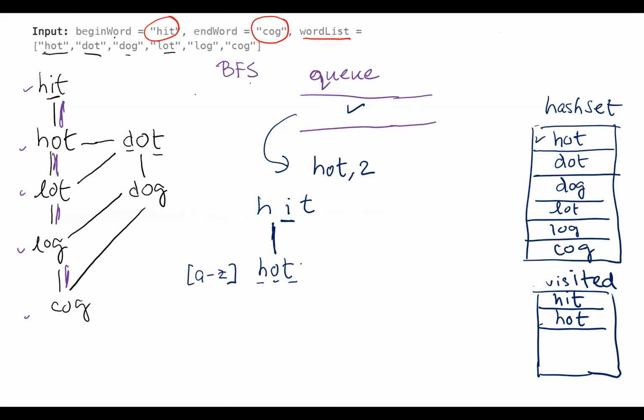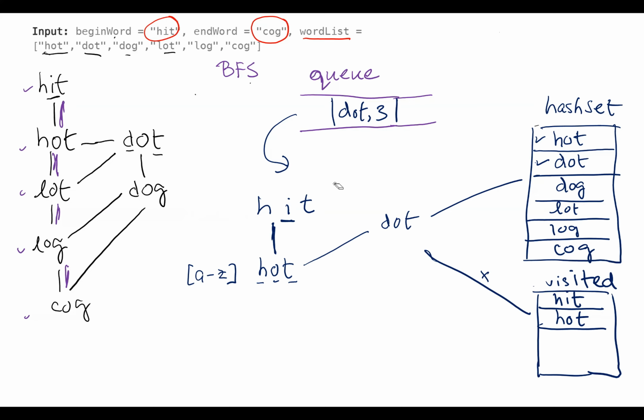Okay, so from hot, as you can see, I can change to dot. Dot is obviously a valid word, so I check here, and dot is not in the visited list. It's not in the visited list and it's a valid word. So next, I can put dot into the queue, and once I put dot into the queue, I will add it to the visited list.